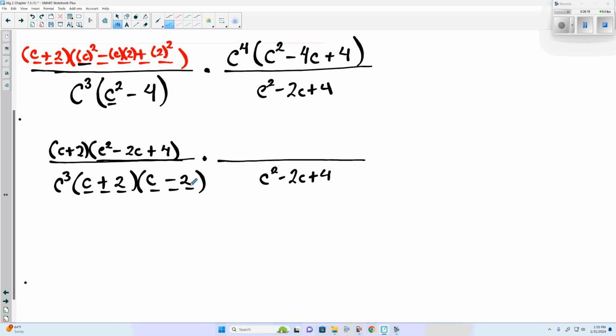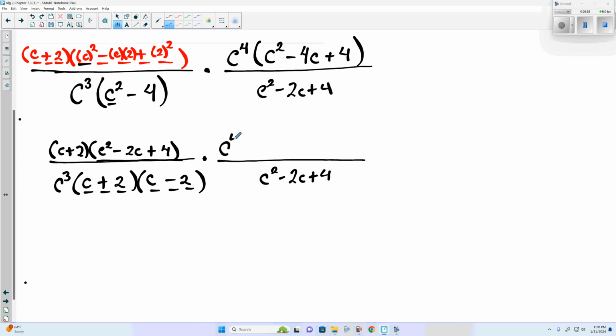C minus 2 and c plus 2. C squared minus 4 is a difference of perfect squares. Because if we have two terms being subtracted, we need to check for perfect squares, because if it is, we just see what times itself is the first term, put it in the first spots, see what times itself is the other term, and put it in the other two spots.